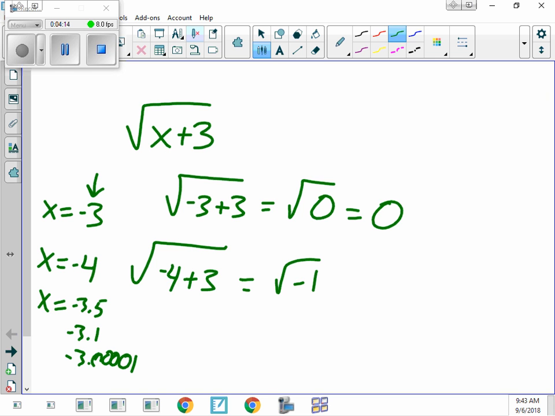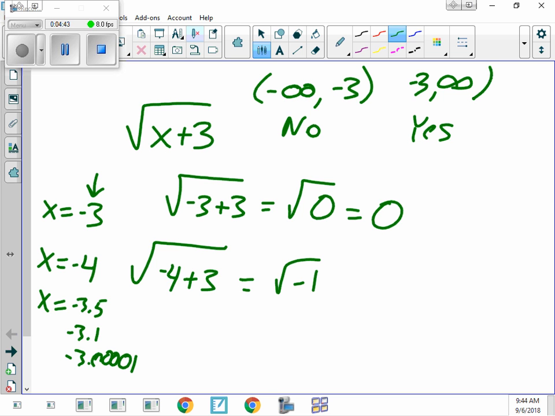So how do we represent everything that is smaller than negative 3? You'd say negative infinity to negative 3 doesn't work. Do we want to include negative 3 in the piece that doesn't work? So this is a no, and this is a yes.